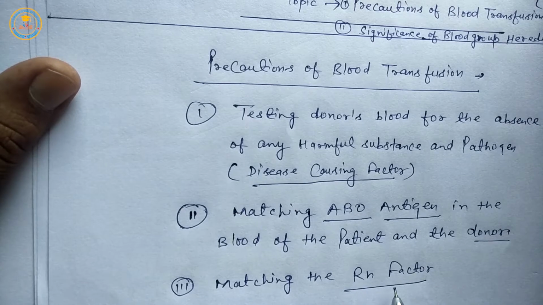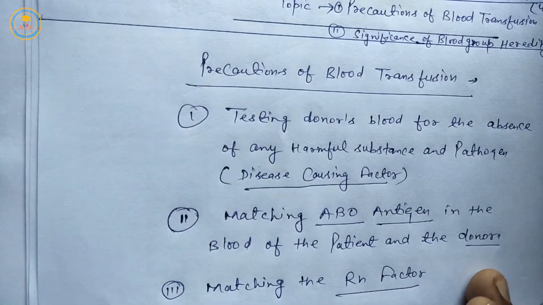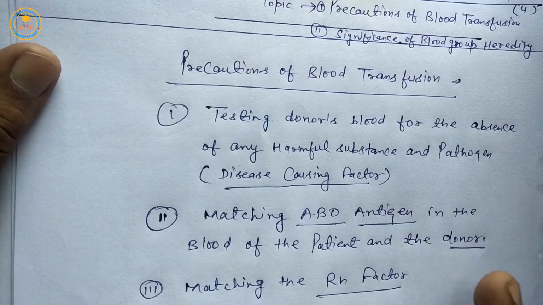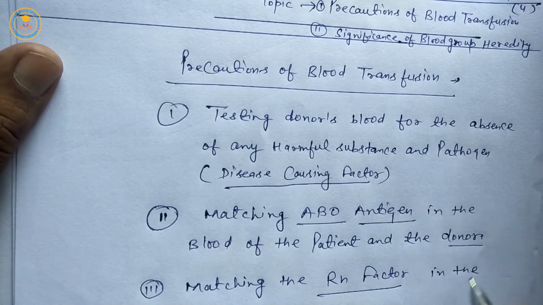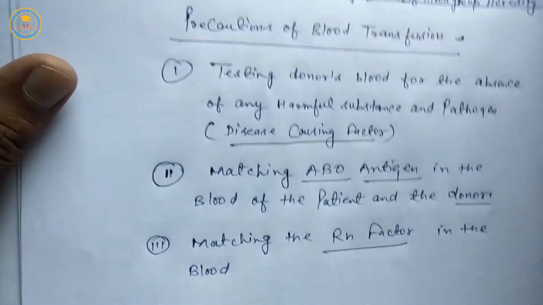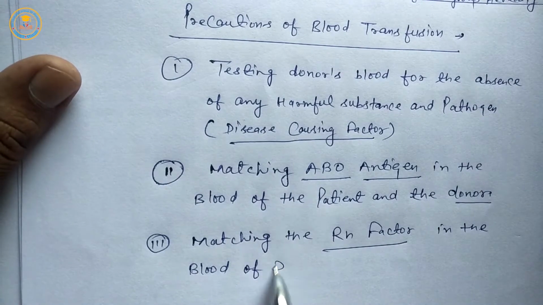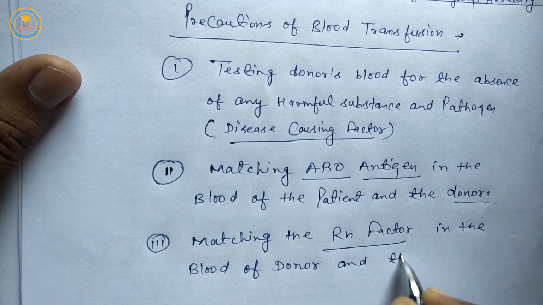RH factor or RH antigen was described in a specific monkey species, Macaca rhesus. Third is matching the RH factor in the blood of donor and the patient.